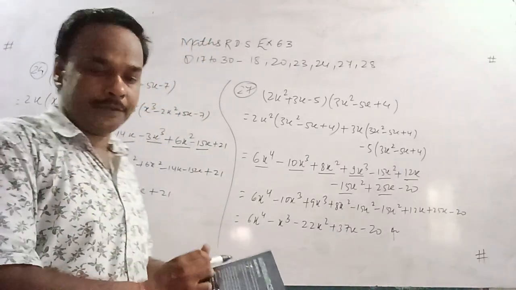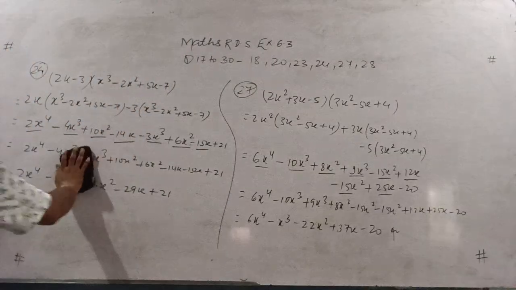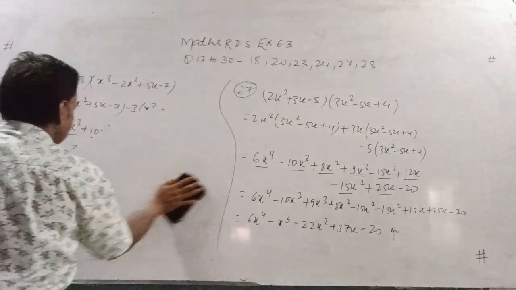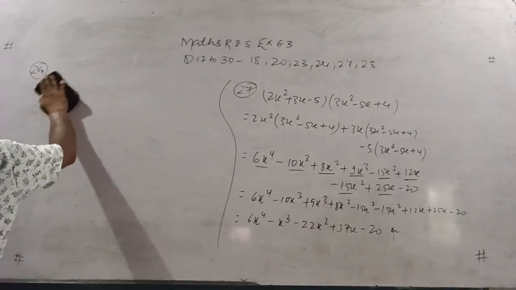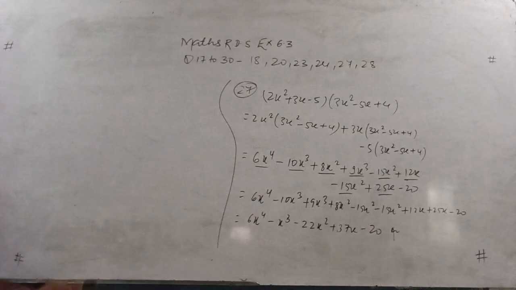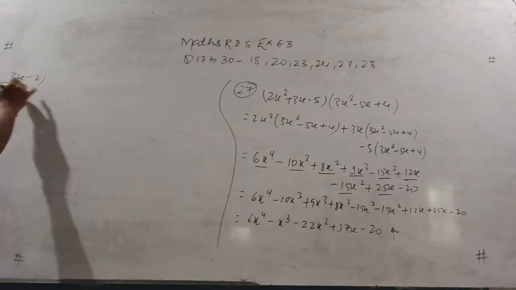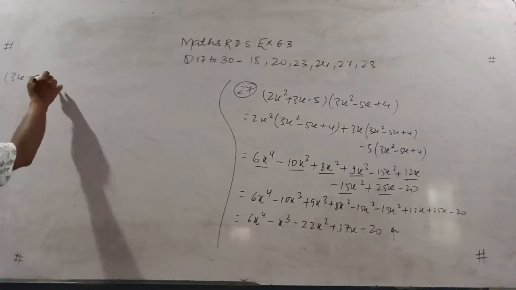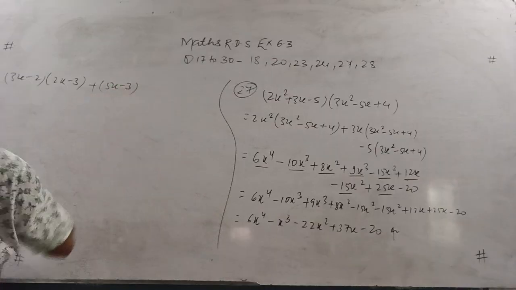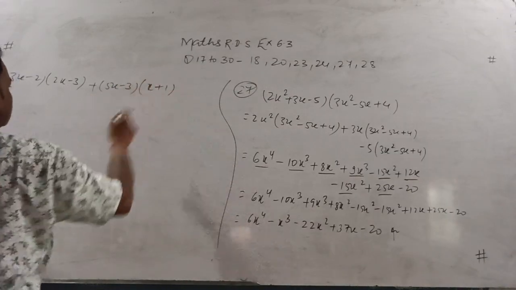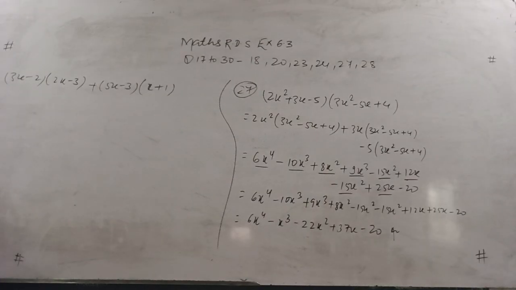Now we will see question number 28. (3x minus 2) into (2x minus 3) plus (5x minus 3) into (x plus 1).